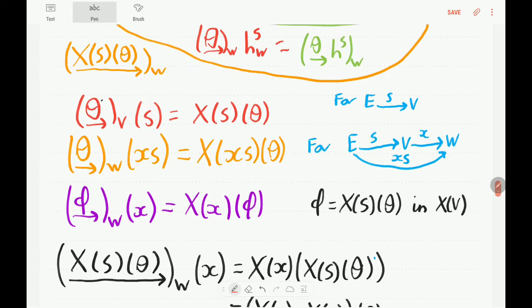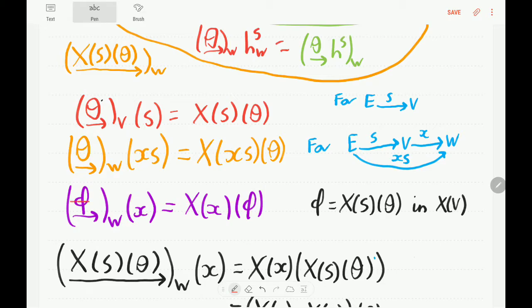In this case, instead of a theta in X of E, suppose we have some element phi of X of V.